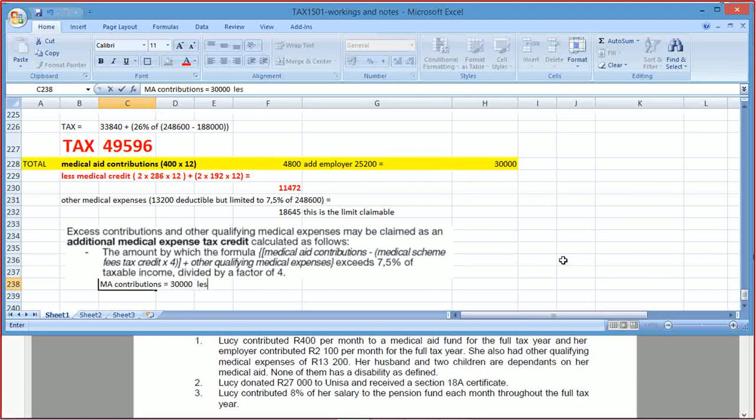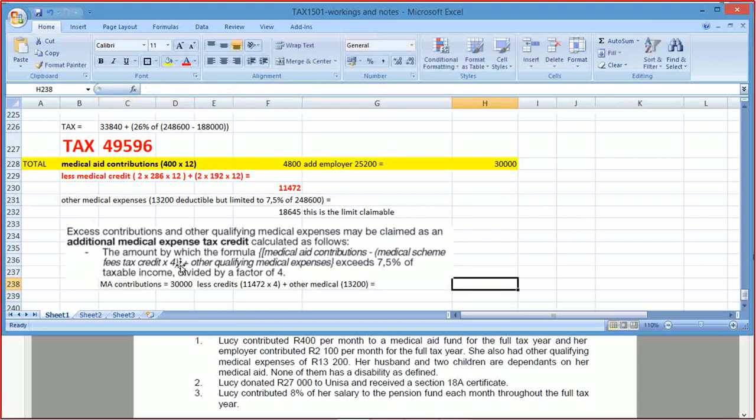Okay, because if we do this calculation, let's show this calculation. What are medical aid contributions? 30,000, right? Then we less her credits. What are her credits? 11,472, the tax credits, multiplied by 4, because that's what the specific rule says. The rule says medical tax credits times 4.